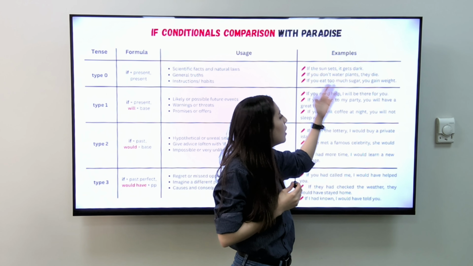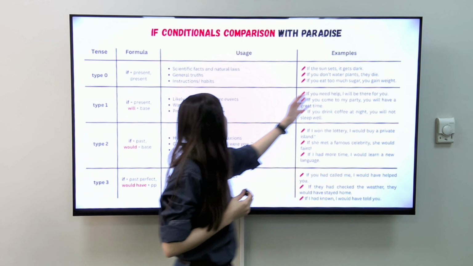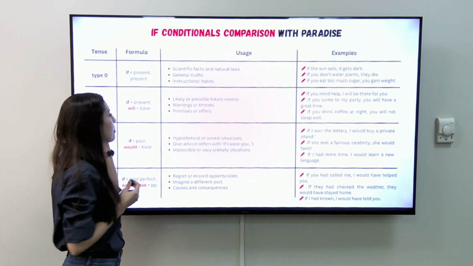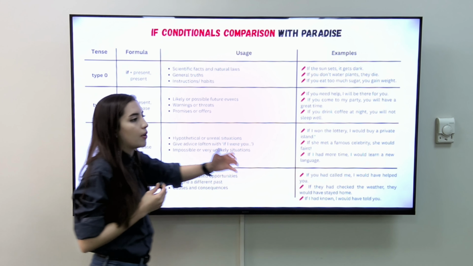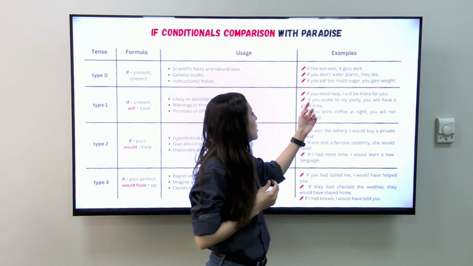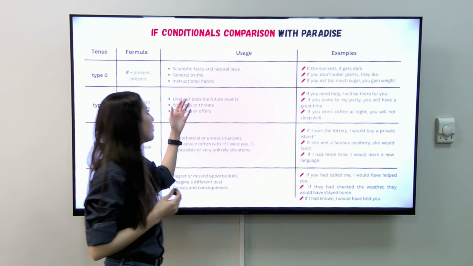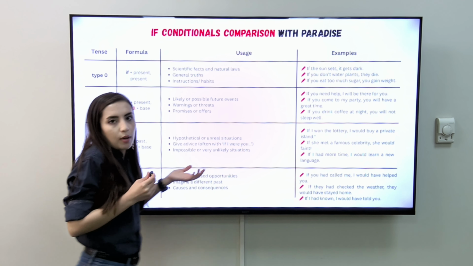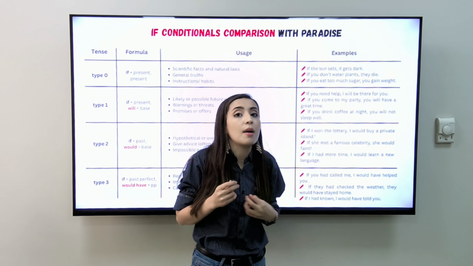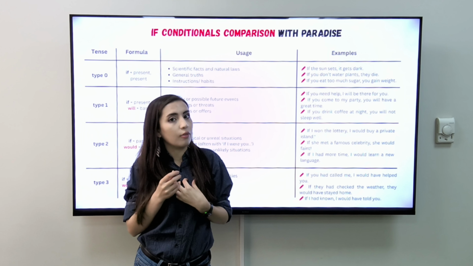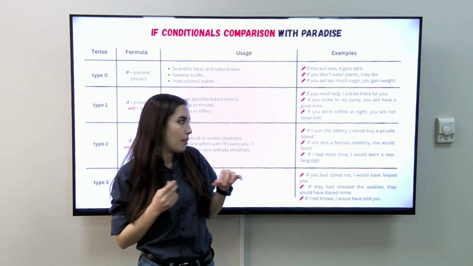If you need help, I will be there for you. This is for type 1, about offers, about promises. If you come to my party, you will have a great time. It's about that, it's possible. So if you come to my party, it's possible for you to have fun at my party.